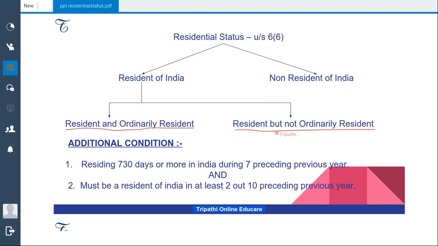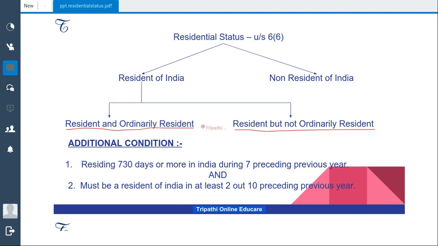For resident and ordinary resident, the tax liability or taxable income will be different from the resident but not ordinary resident. The taxable income of an NRI will differ from the resident and ordinary resident or resident but not ordinary resident. So unless we know whether you are resident and ordinary resident, resident but not ordinary resident, or non-resident of India, it will be impossible for us to calculate your taxable income. Thus, this residential status is very important.